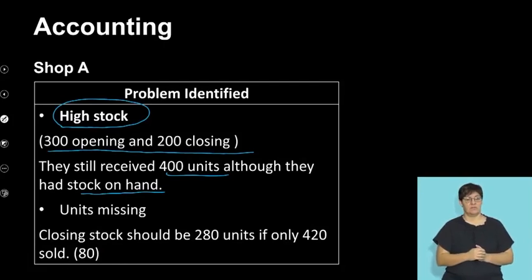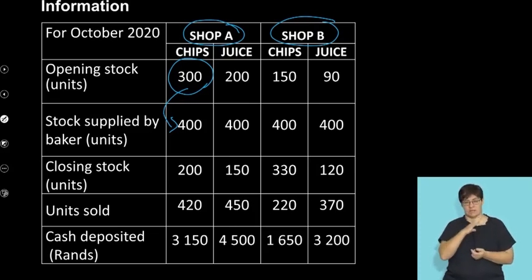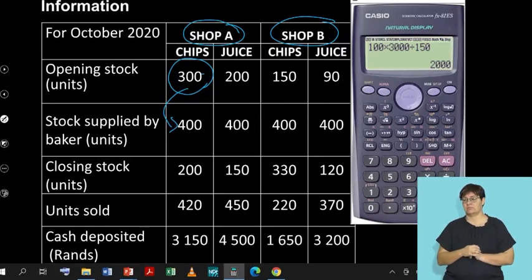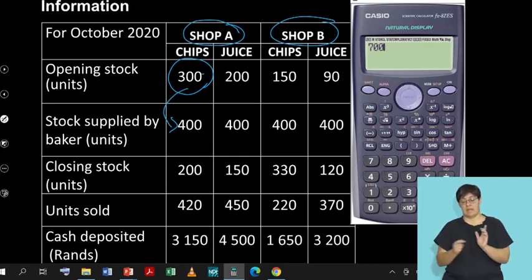And the other thing we can do is check our units. We had 300 plus 400 is 700, minus the 420, and clearly you can see that there is a problem with the units that are missing. Once again, 300 plus 400 is 700, the units you had available, minus the 420 that you sold, you're supposed to have 280 units on hand.